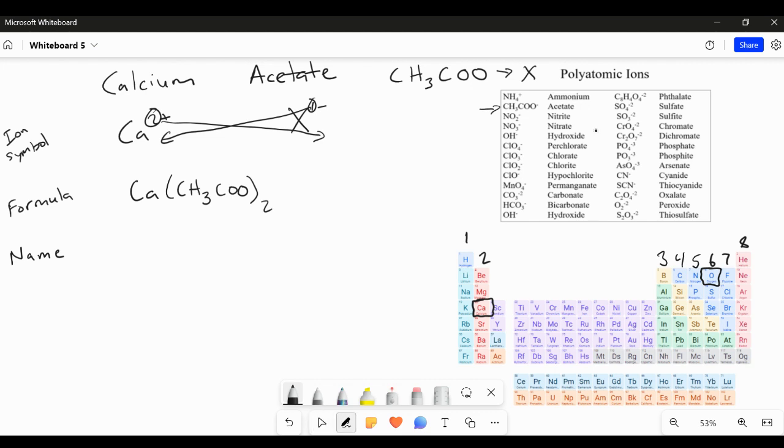If we double check this, CH3COO, this is a 1 minus charge, and there's 2 of them, so that's 2 minus total. Calcium is 2 plus. 2 minus 2 equals 0. We're balanced. Okay. My name, the cation, calcium, stays the same. And the anion, because it's polyatomic, is just going to also stay the same. So my name for this is calcium acetate.